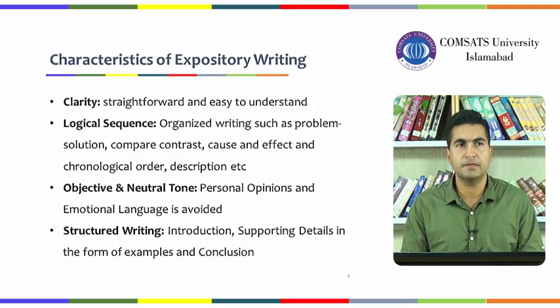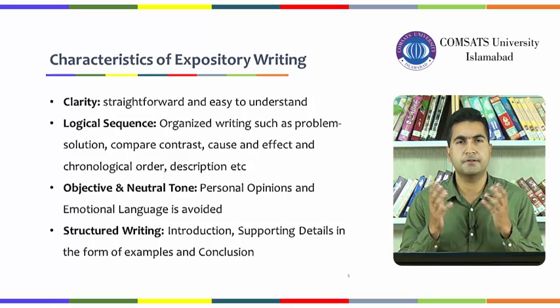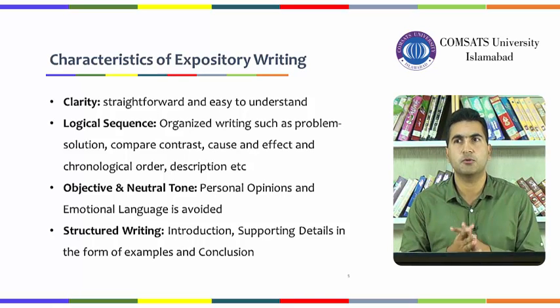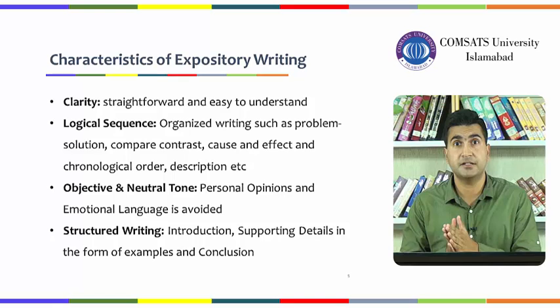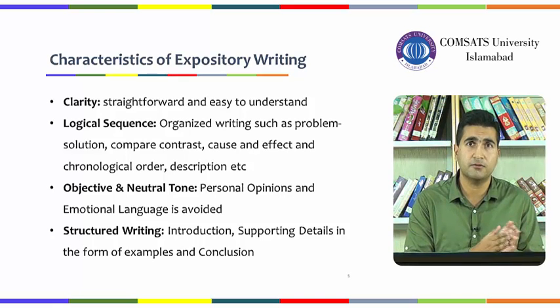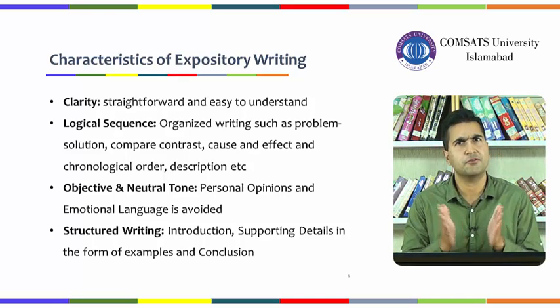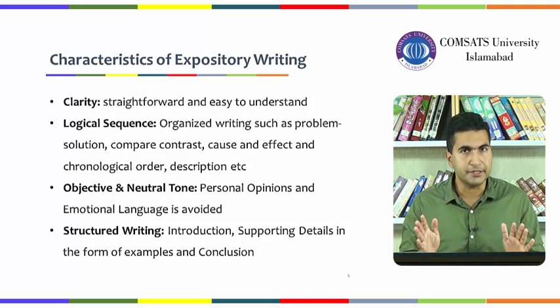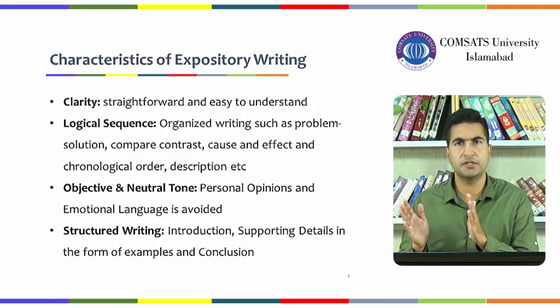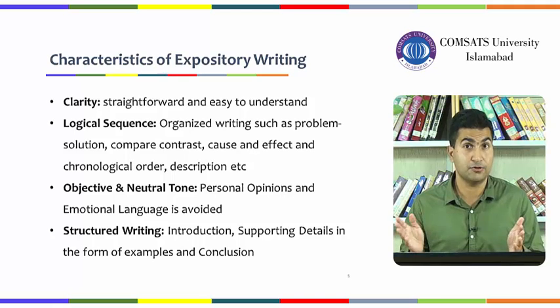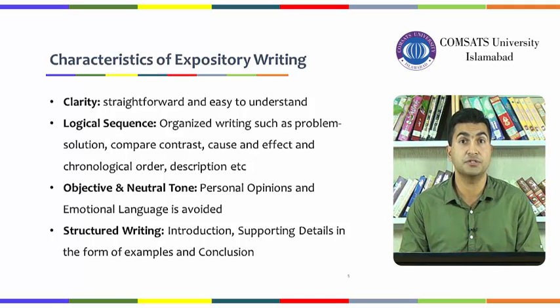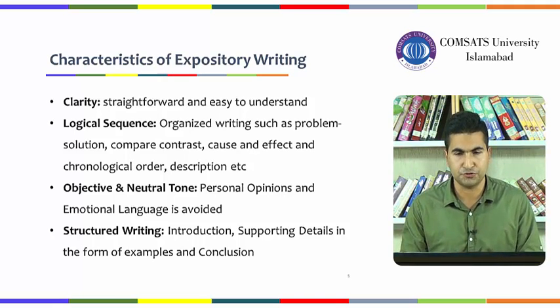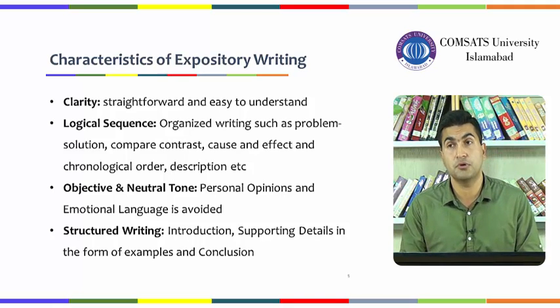You don't have to keep things open for them to decide whether it's this that the writer wants to say or is it the other thing. You have to state things very clearly. No ambiguity should be there within that specific form of writing that you have drafted for your readers to read and for attaining information. Quite straightforward as well as quite easy. And we're going to learn how we can make things easy.